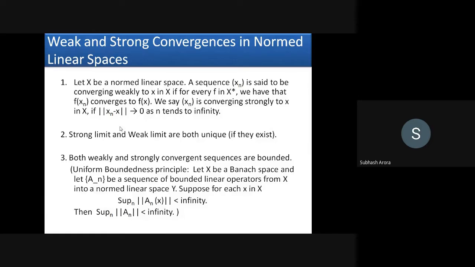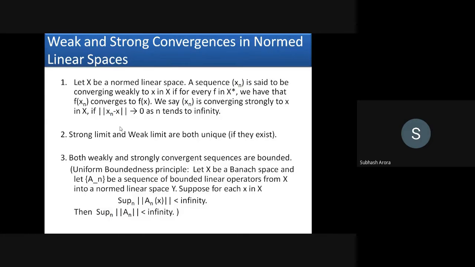So if epsilon is equal to 1, there exists some positive integer m such that the norm of xn minus x is less than 1 for all n greater than or equal to m.